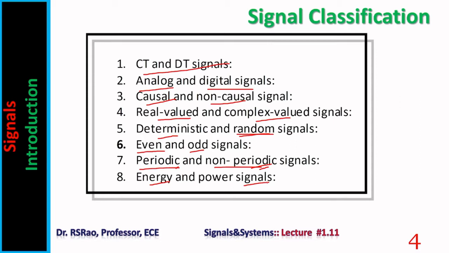Now we move to another classification which is not mentioned here. That is orthogonal signals and non-orthogonal signals. To understand that particular concept, we need to know something about orthogonality.